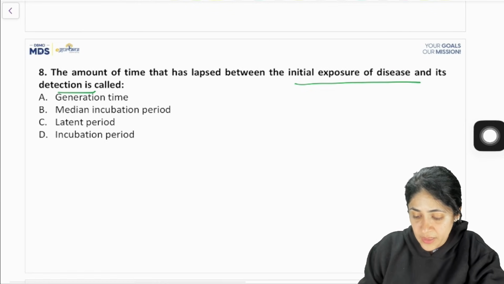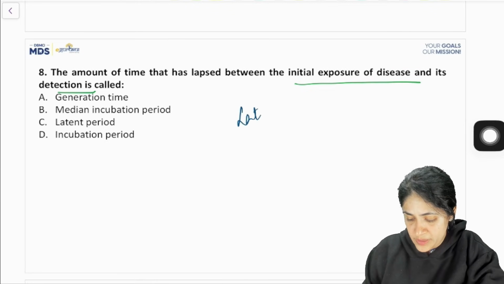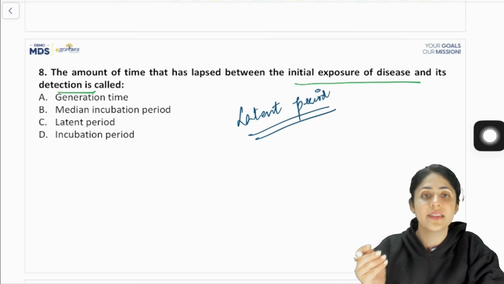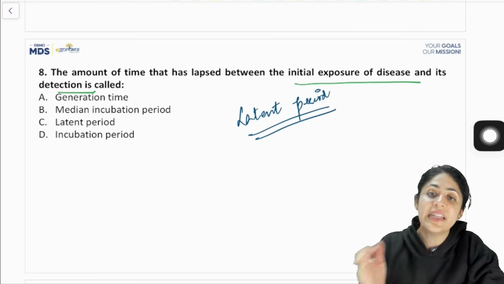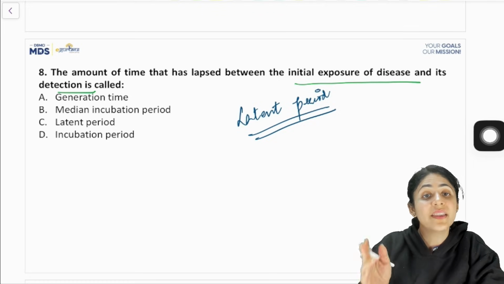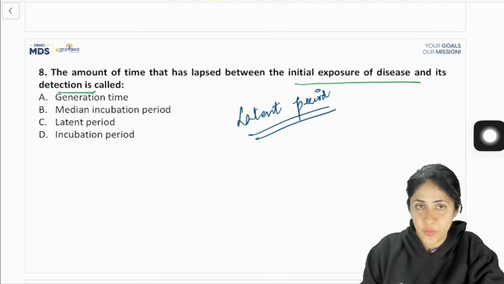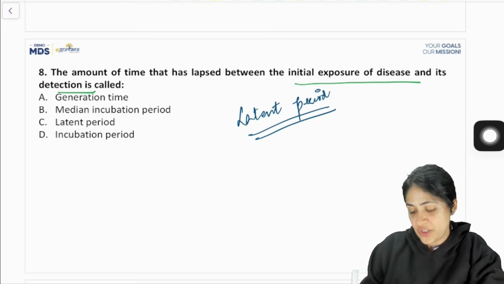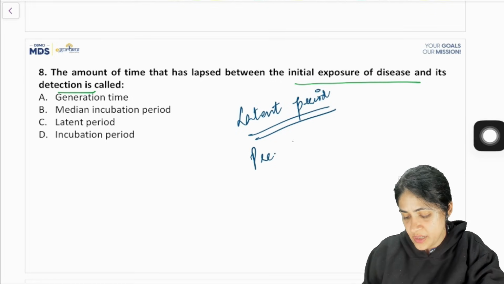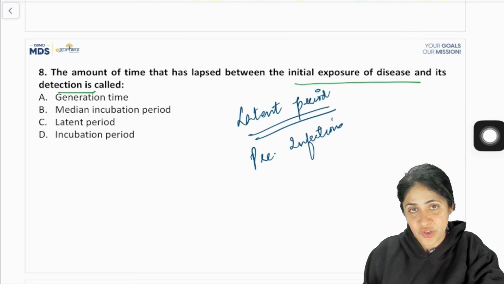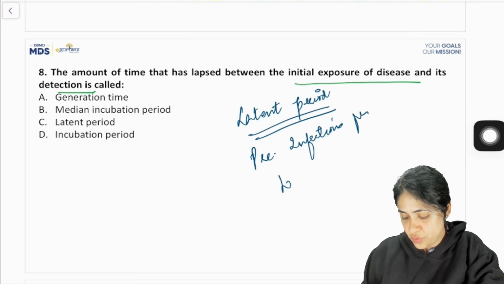Now, what is the latent period? This is when the infectious agent has already infected, but the disease has not yet appeared. This is the pre-infectious period, also called the latency period.